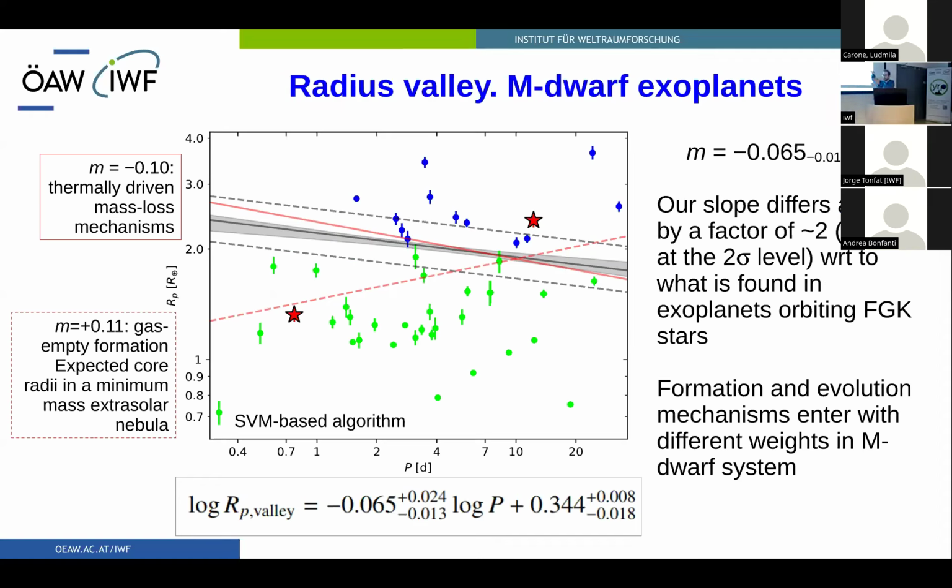If among these blue data points there are steam worlds expected to have migrated inwards, essentially you can think that at the beginning these data points were shifted to the right, but during the migration they shifted to the left. And if you shift these data points rigidly to the left, basically you go filling the radius valley. So this means that the slope that you might infer from a mathematical point of view is just shallower because there's not a real definition of the boundaries.